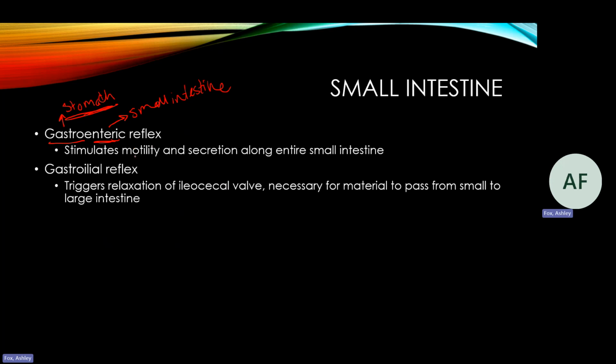And if it's continuing, it's going to stimulate motility along the entirety of the small intestine, and it's going to start secretion. So that's going to be intestinal juice. All of those things that we talked about just now are going to be starting to be produced and released. Your small intestine is going to start moving, segmentation and peristalsis are going to help occur because it's preparing. We know food's coming, so we need to clear it out, make sure anything that's still in there gets out of it so we have room, and we know it's coming, so it's preparation time.